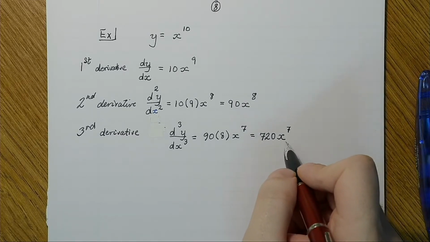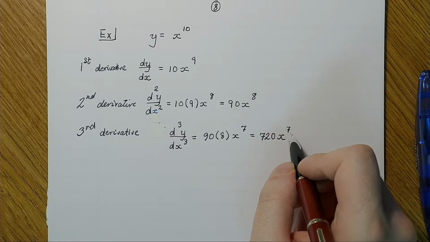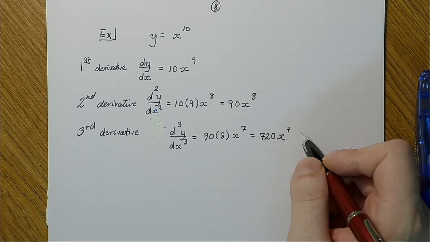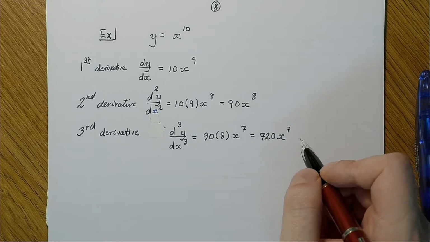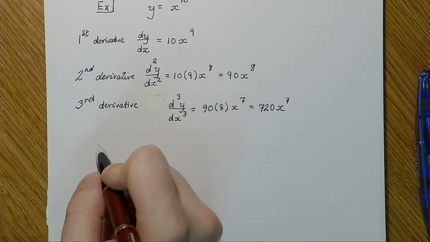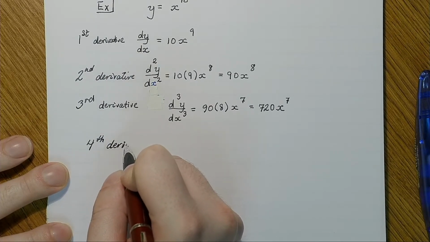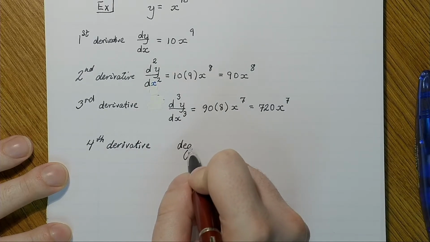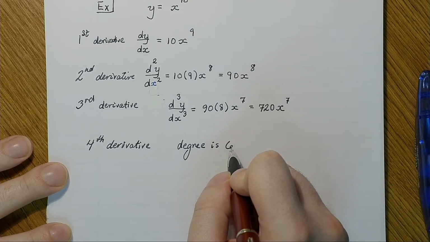But eventually, we're going to run out of exponents, and we're going to get to a point where we have 0. So for instance, for the 4th derivative, the degree is going to be 6.